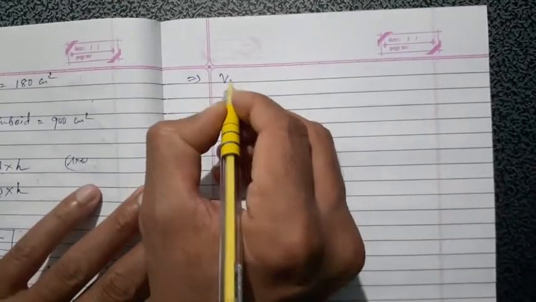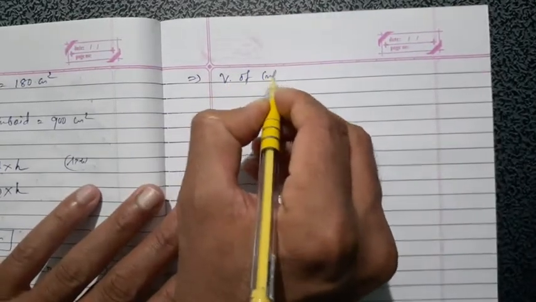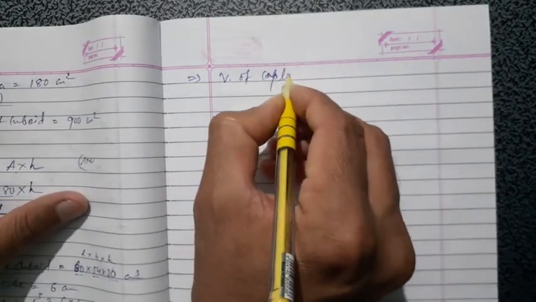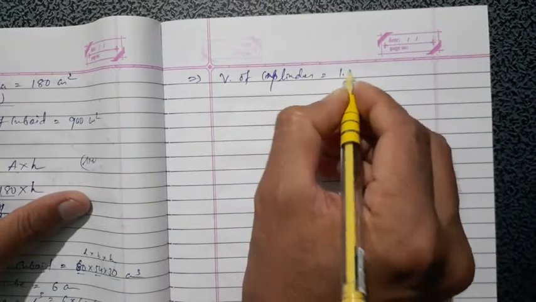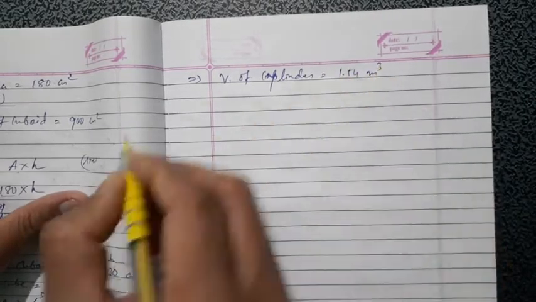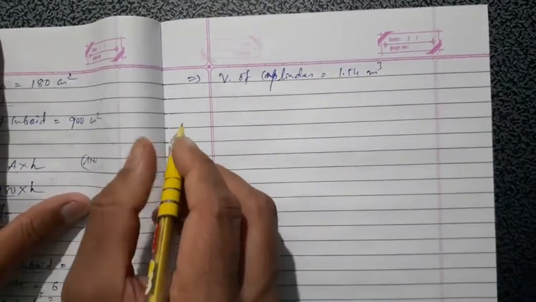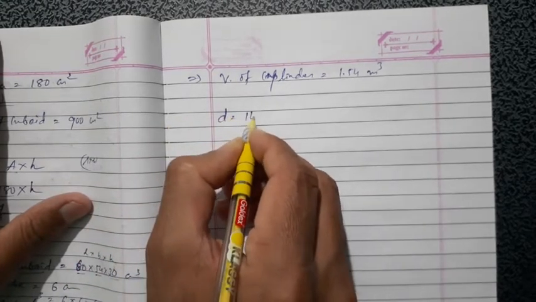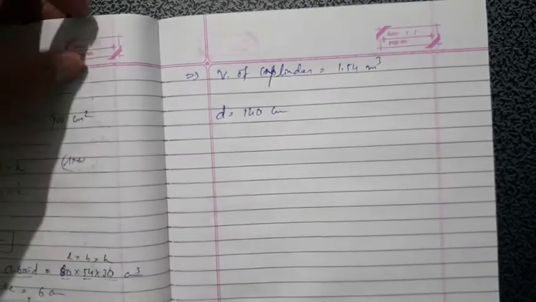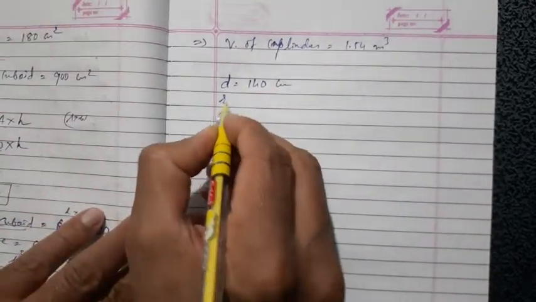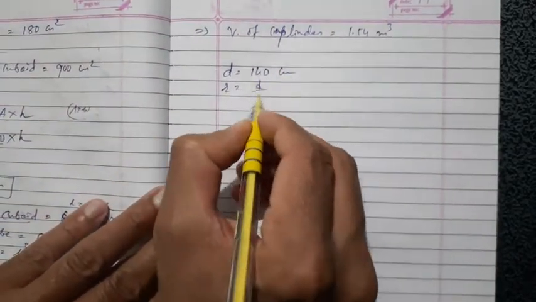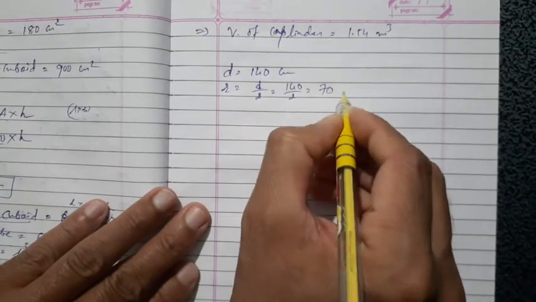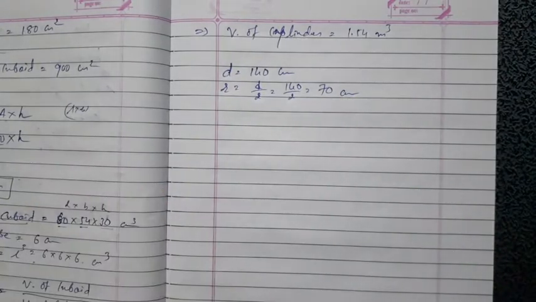Volume of cylinder is 1.54 meter cube, and diameter of base D equal to 140 centimeter is given. So just find out R. Radius equal to D by 2, means 140 upon 2 equal to 70 centimeter.